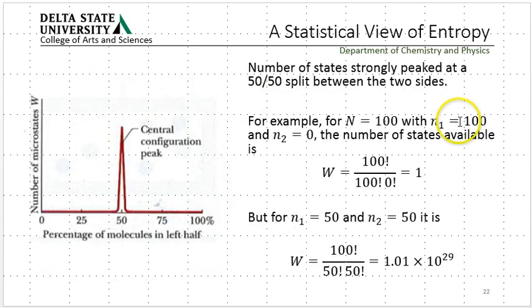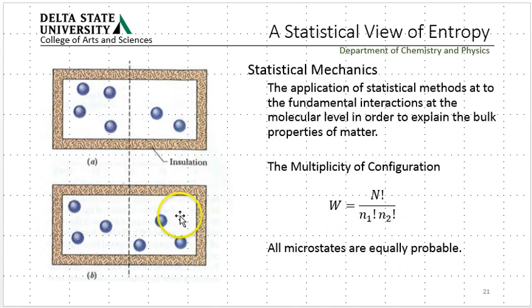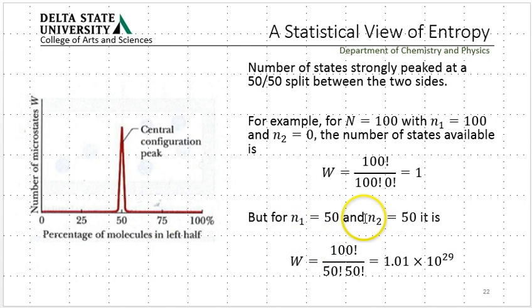Even with just 100 particles, what if it's 50-50, and half are on this side, half on the other? At 50-50, the possible number of states is about 1 times 10 to the 29. So while there is a finite probability to get all the molecules in the room over on one half of the room, that is so small compared to what's going on around the average, which is half on one side and half on the other.